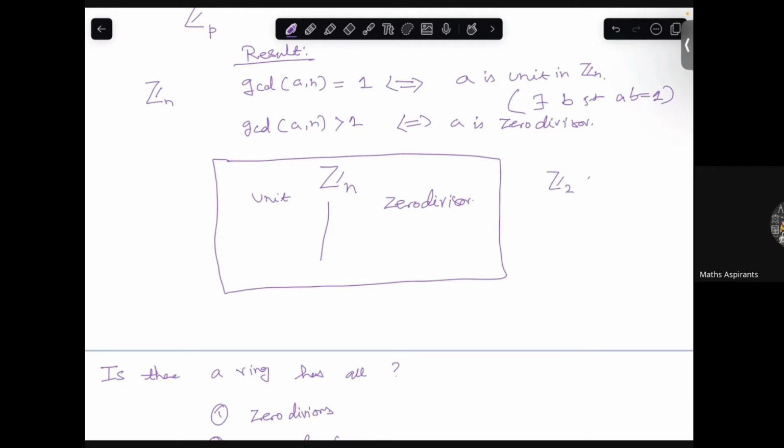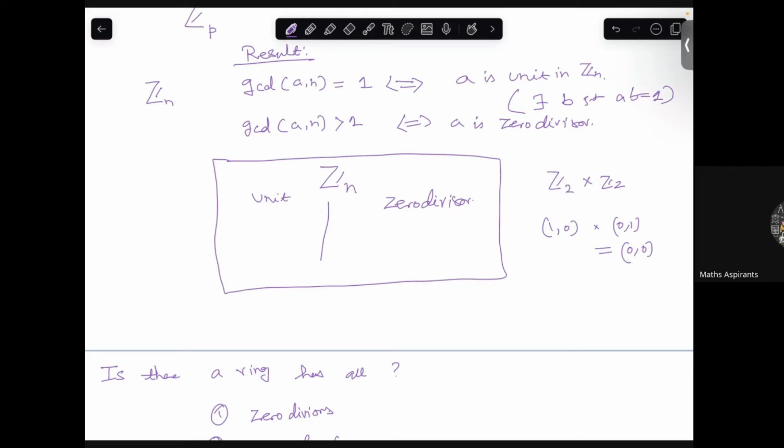Let's go for this: Z2 cross Z2. This is a finite ring. And 1 comma 0, 0 comma 1. So it contains a lot of zero divisors.